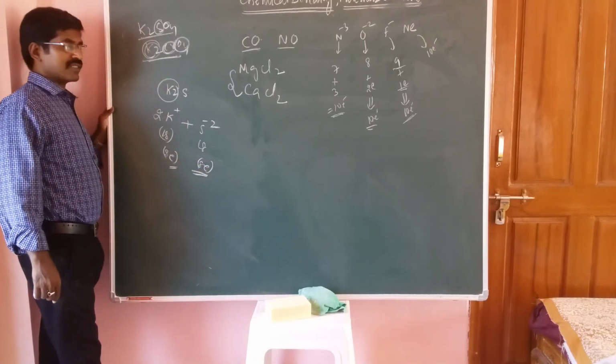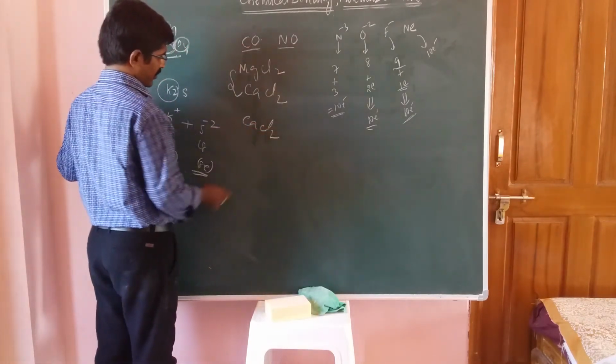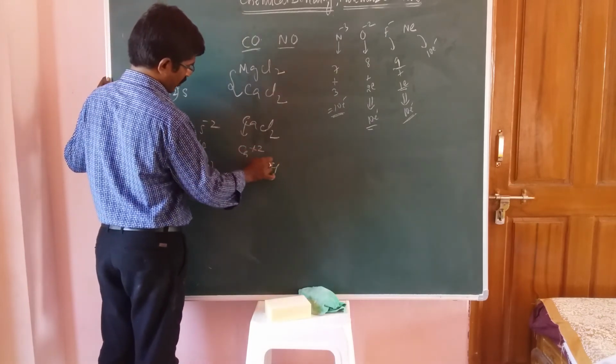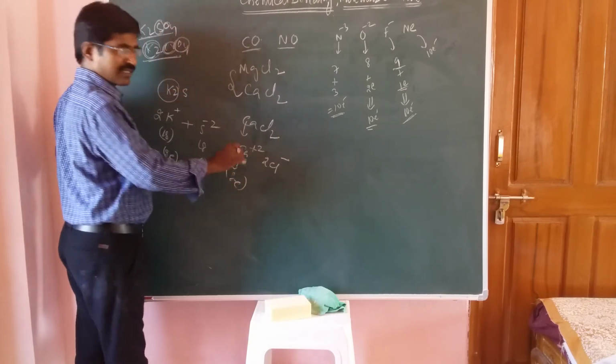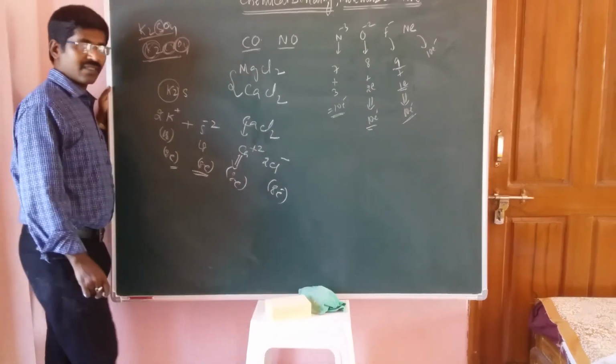In CaCl2 also, Ca plus 2 and 2 Cl minus ions, the calcium has 8 electrons in its outermost orbital, and each chlorine also has 8 electrons in its outermost orbital.